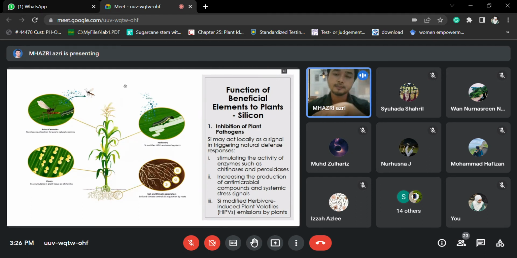Okay. So kalau macam contoh-contoh lain, bawang. Okay. Awak pernah potong bawang tak? So kalau awak potong bawang, apa jadi? Mata awak akan berair. Okay. Itu adalah salah satu contoh defense mechanisms of plant to avoid herbivory pest.